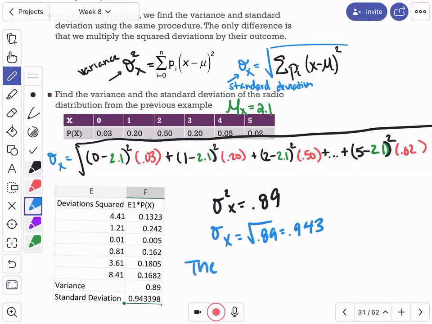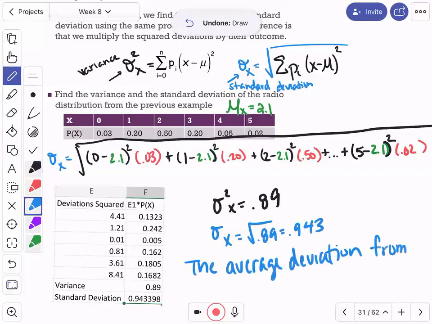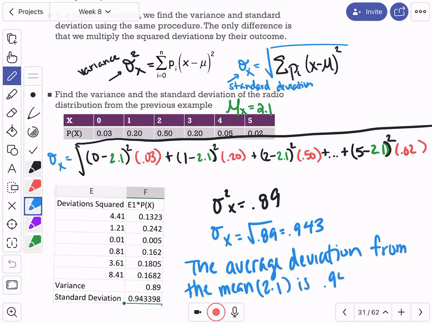So the average deviation from the mean, which in this case is 2.1, is 0.943. What that really means is that we wouldn't be surprised if on any given day we sold 2.1, so 0.943 is about 1 radio. So you wouldn't be surprised if you only sold 1, that'd be a typical day, or 2, or you sold 3, that would be typical. That's how you use the standard deviation there.